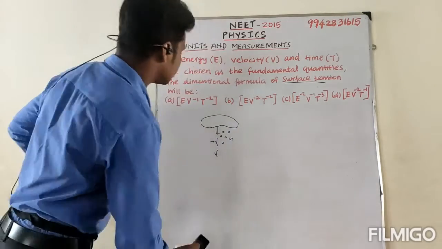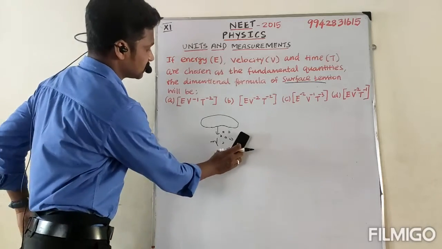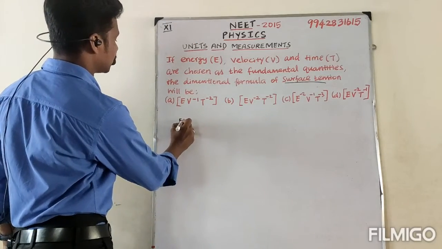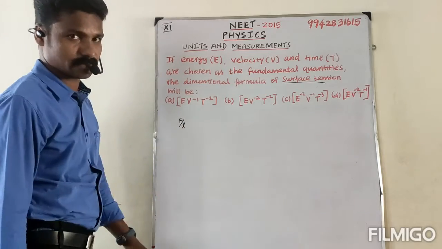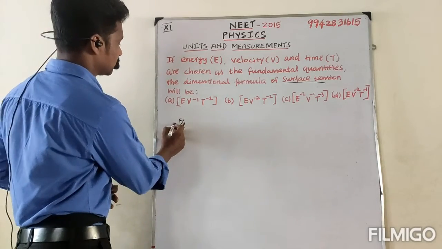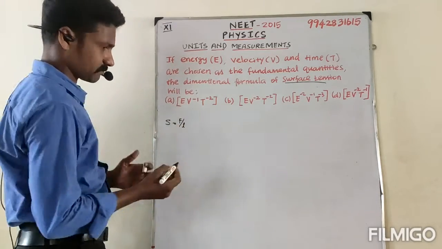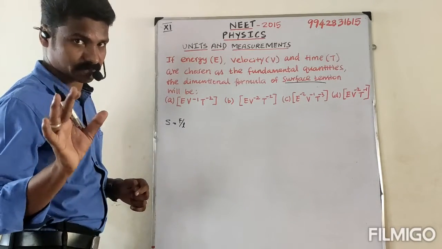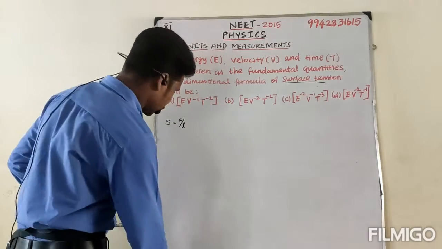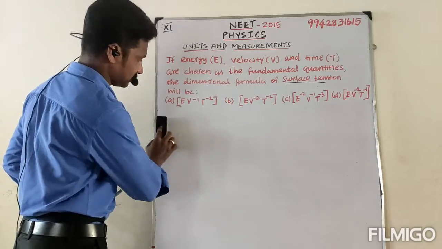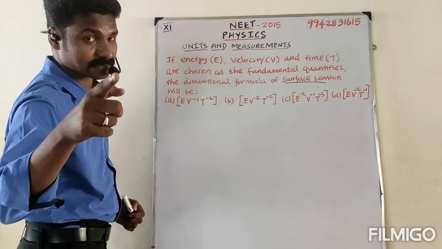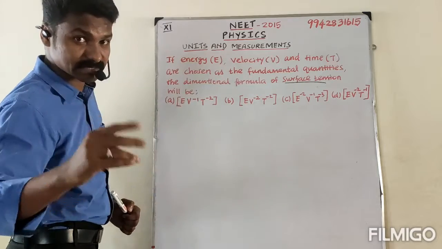In the surface tension formula, it is the force acting per unit length. Generally it is represented by S, and in some books it is T. Force acting per unit area is pressure, and force acting per unit length is surface tension.